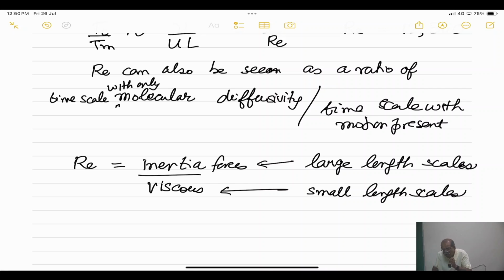Now, what would you expect at a local level? At the dissipation level, we go to the smallest eddy. What sort of Reynolds number would you expect if I take the velocity scale and the length scale of that small eddy? Large or small? Small.